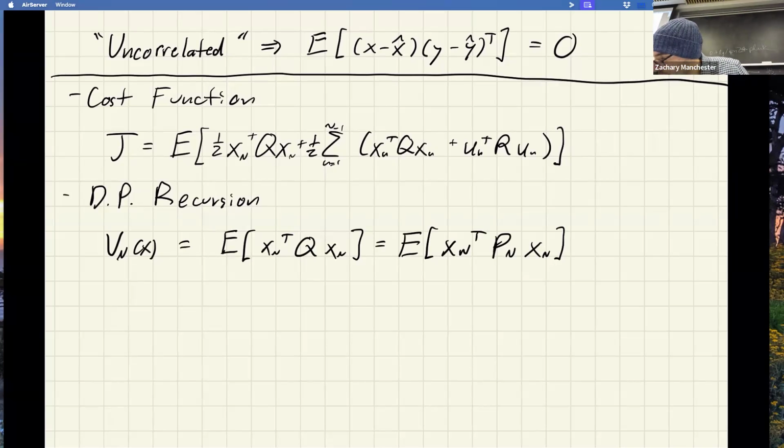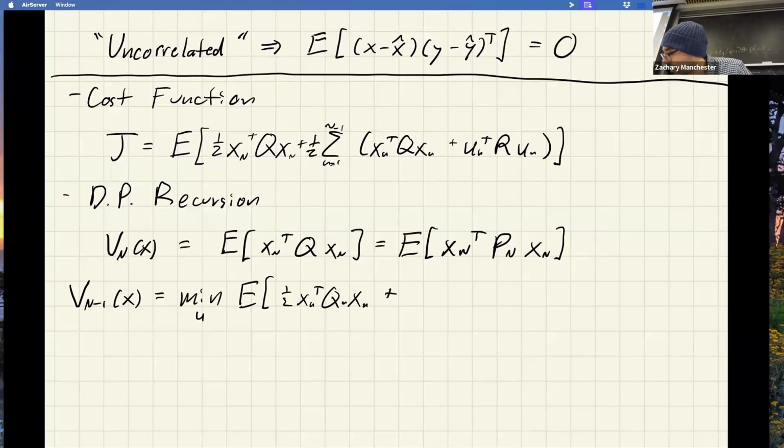Now we do the backup. We go to Vn minus 1, and just like before, it's min over U. It's almost the same, but we pick up some new terms. So it's the one-step cost, the same as before, with the U term. Then we have the dynamics plugged into the cost to go, so it's the cost to go for time step n with the state and controls from this time step plugged into the dynamics.